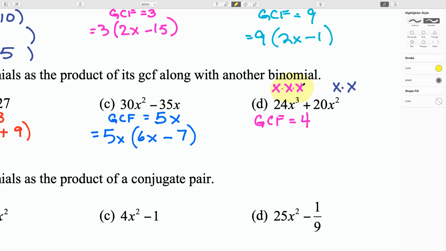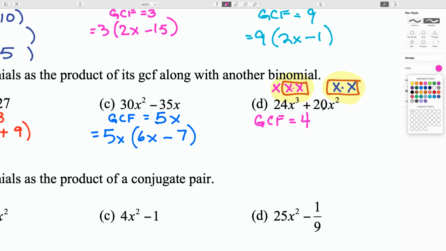Well, it's x times x. Both x cubed and x squared contain x squared. So that's the GCF. So our GCF for this problem is 4x squared, because 4x squared can go into 24x cubed and 20x squared.